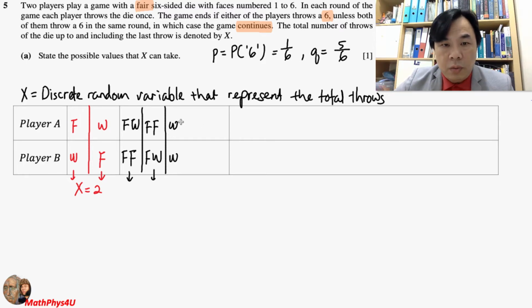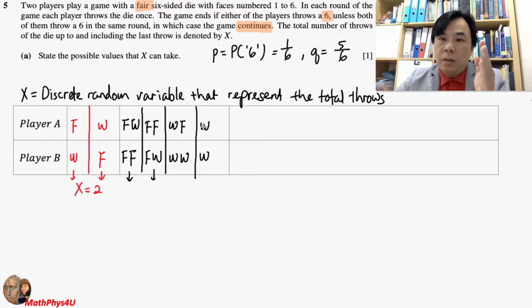Once it continues further, we could have a winner, in this case player B wins, for instance, or we could have the first part of the game where both get a 6, so they proceed on to the next section whereby the first player A got a 6 instead of player B. So the game ended here, in this round.